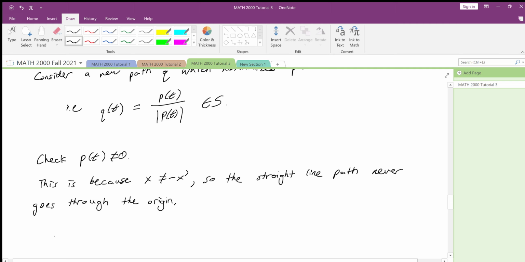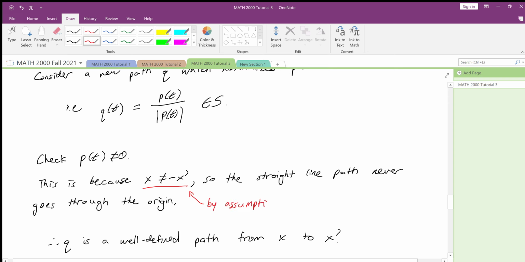Therefore, Q is a well-defined path from x to x prime. And this is specifically by assumption of case 1. So that finishes case 1.